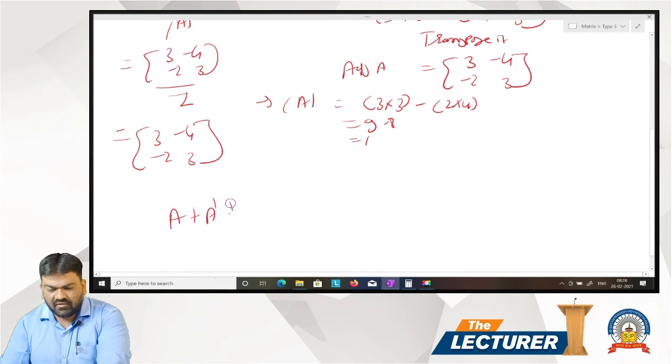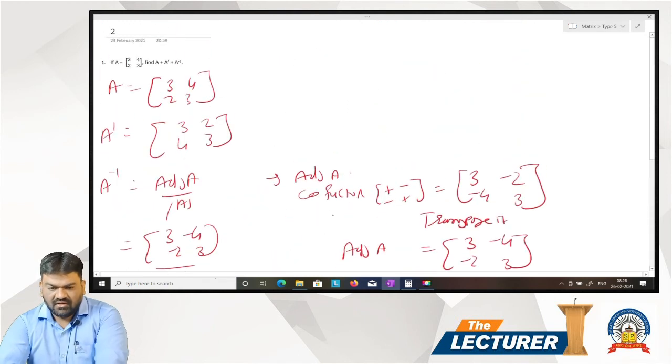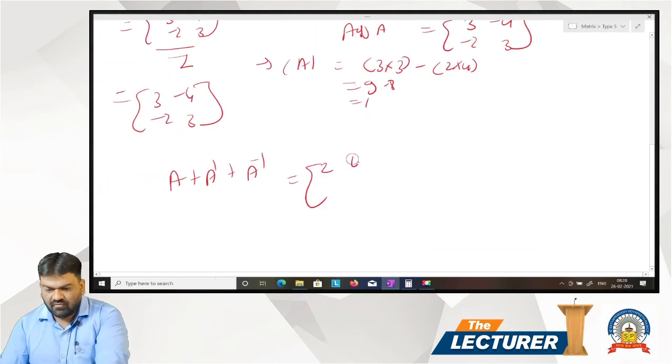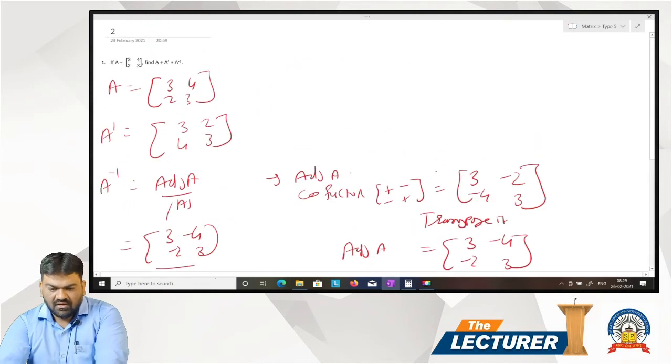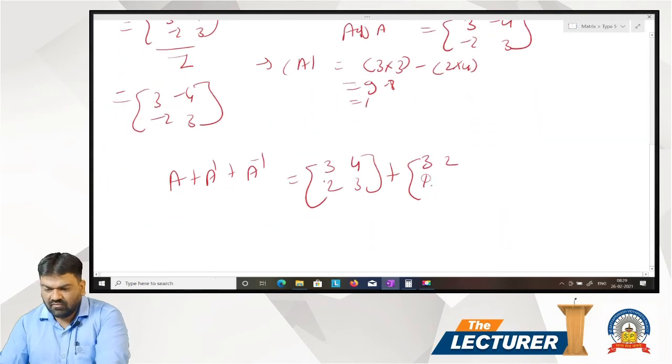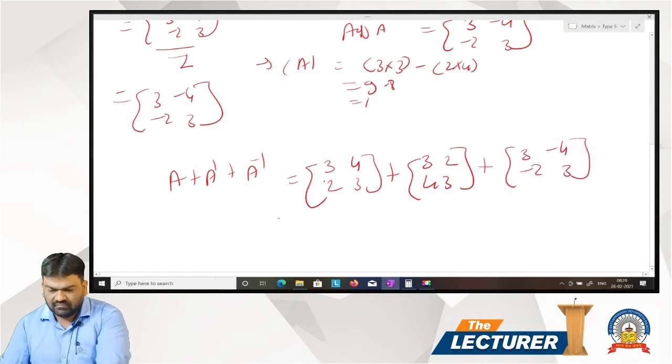Now A plus A dash plus A raised to minus 1. A is [3 4; 2 3], plus A dash [3 2; 4 3], plus A raised to minus 1 [3 minus 4; minus 2 3]. 3 plus 3 is 6, plus 3 is 9. 4 plus 2 is 6, minus 4 is 2. 2 plus 4 is 6, minus 2 is 4. 3 plus 3 is 6, plus 3 is 9.